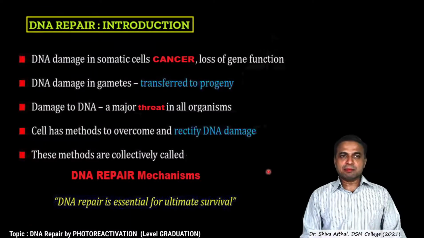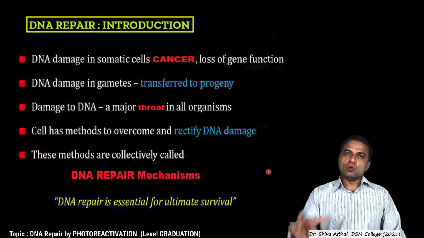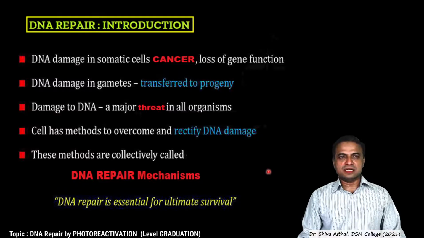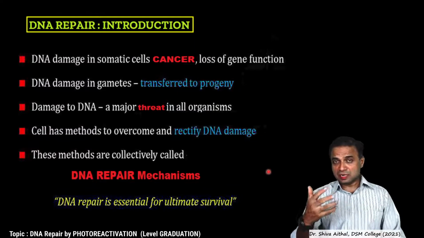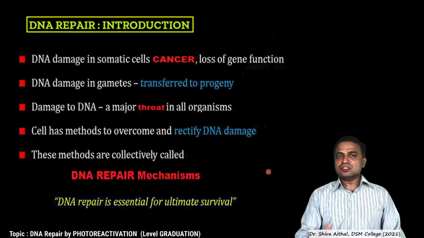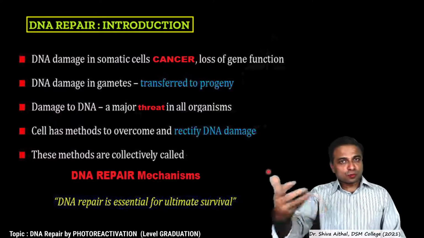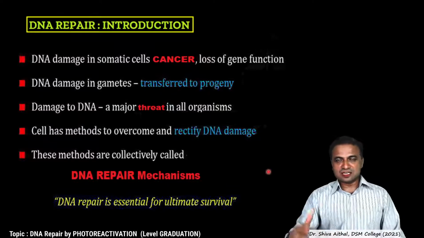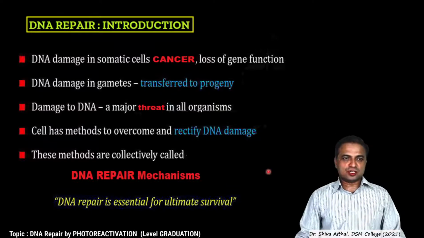So this repair mechanism overcomes all this burden on the DNA. DNA damage in humans or in somatic cells causes cancer, and loss of gene function is there. If the damage is sustained, it damages the gametes and is transferred to the progeny, so whatever defect is there is passed on to the next generation.